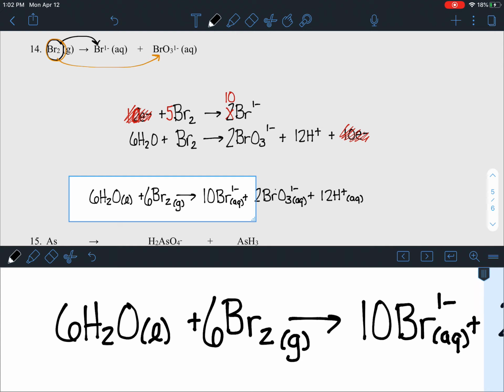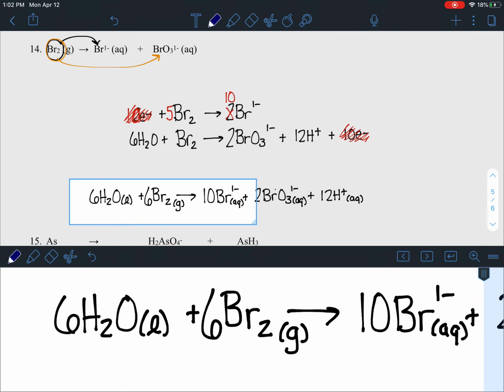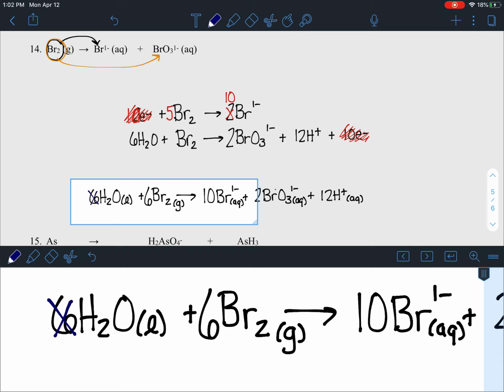Now, something to note is that it is quite likely that there was either a mistake made, or this was just a situation where we can actually simplify at the very end, because all of our numbers are divisible by 2. So we could go through and instead of having 6 waters, we'll have 3.